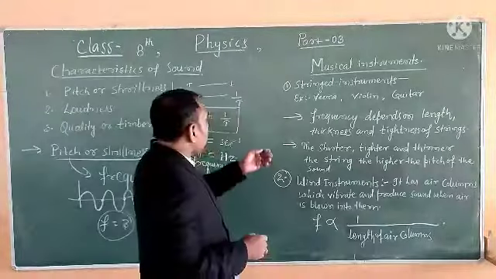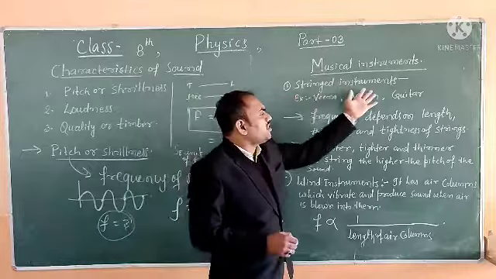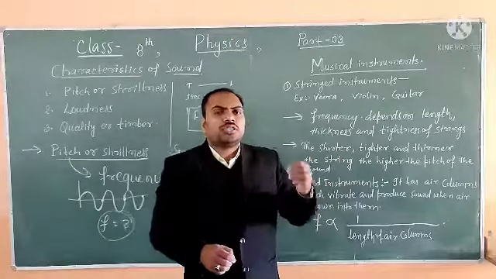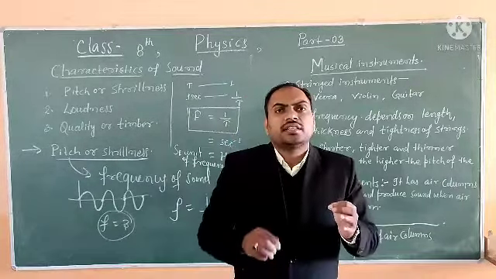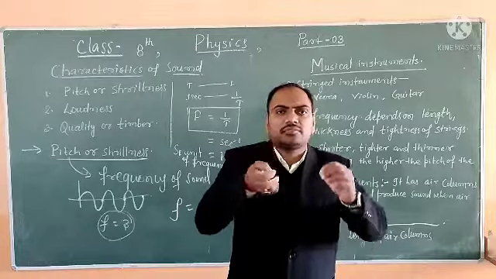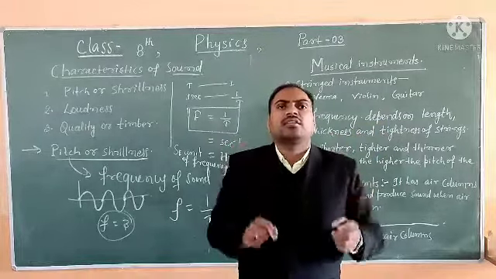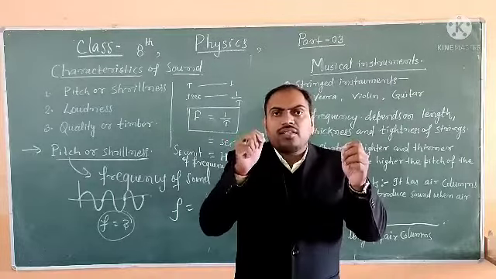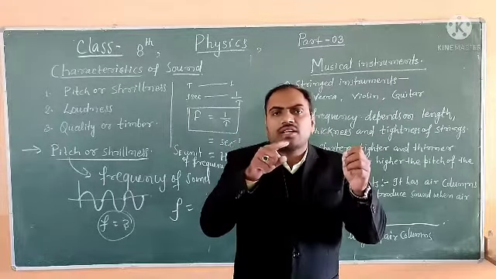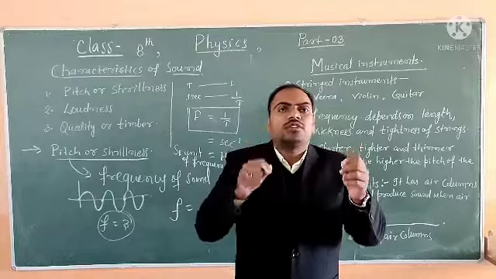Okay, so in string instrument, those instruments in which there is a string, tar laga hota hai, tar. Okay, string. That's why if you pluck that string, the sound is produced.